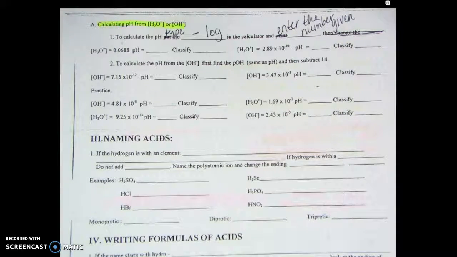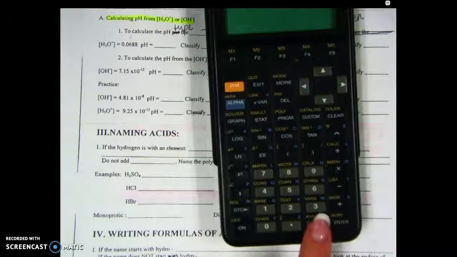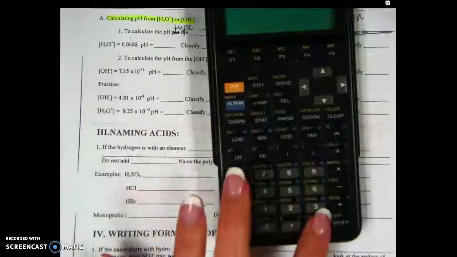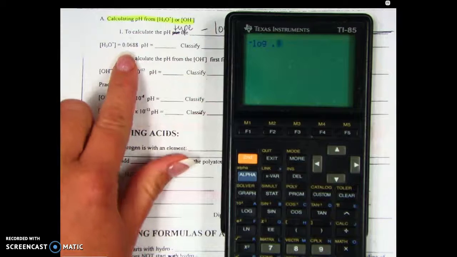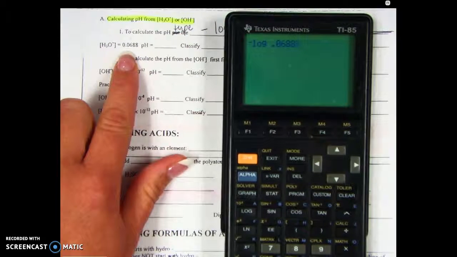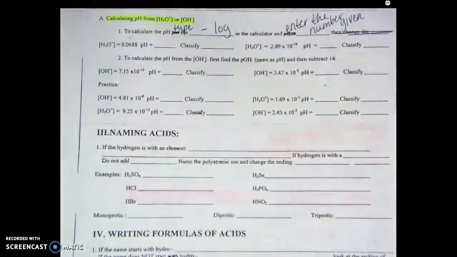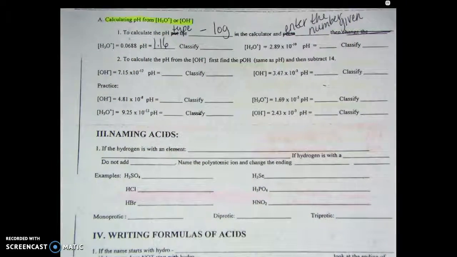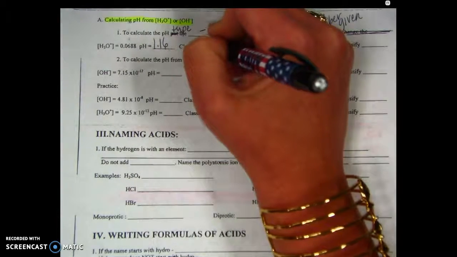So for instance, we type the negative log of the number 0.0688, and hit enter. And my pH, we're going to go 2 decimal places, is 1.16. And what is that? That is a strong acid.